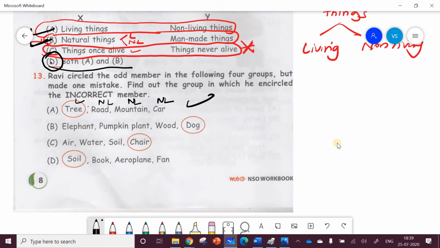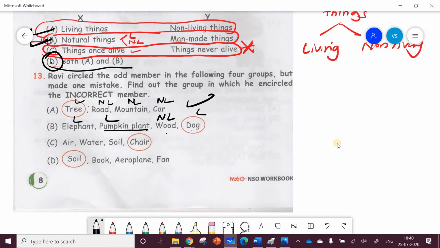So three options are living and wood is non-living. Did he mark the odd one out here? No, he did not. So which should be the odd one out here?